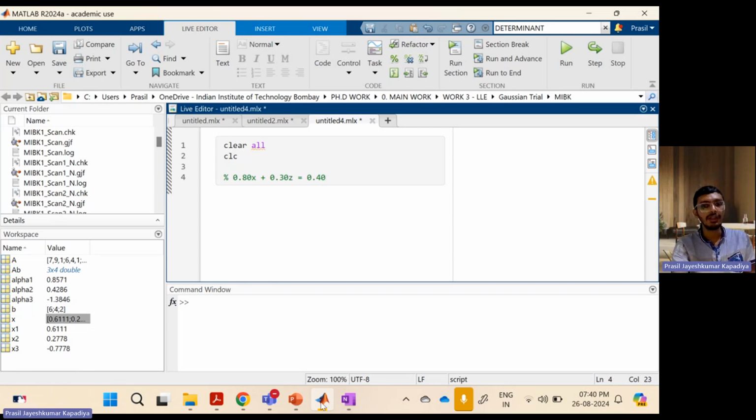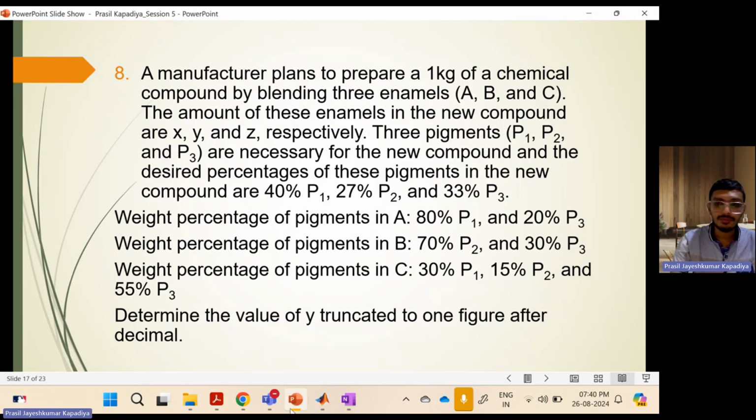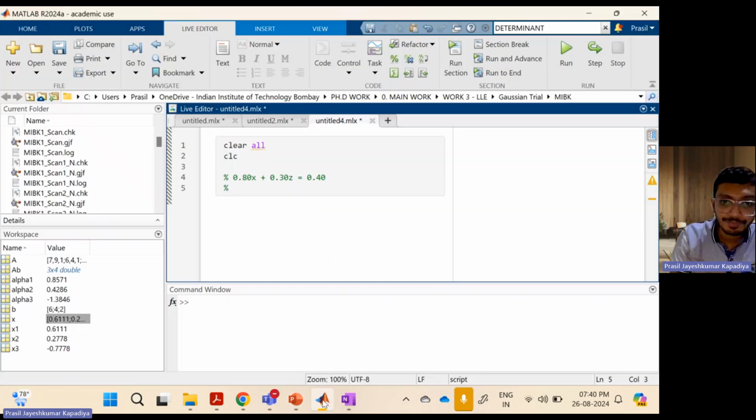Because our basis is 1 kg, I multiply 0.40 into 1, so it is the same. My second equation: there is no P2 in the first, so it is 0.70 y plus 0.15 z.